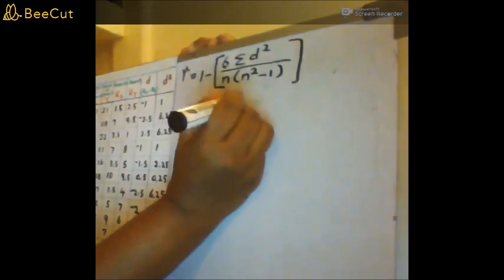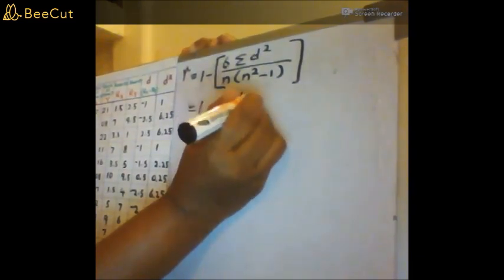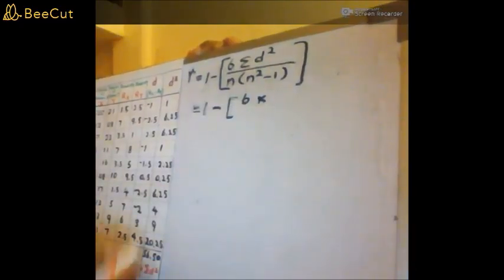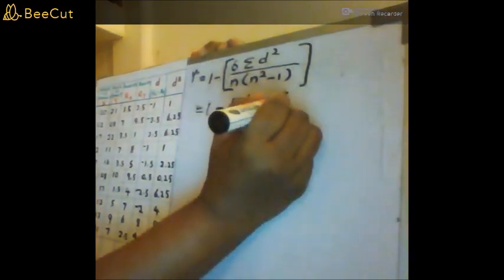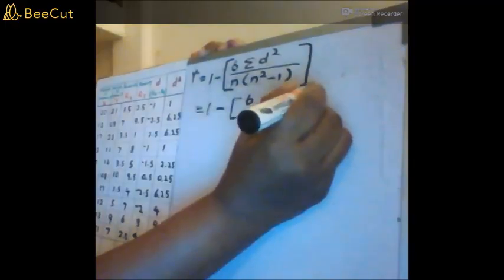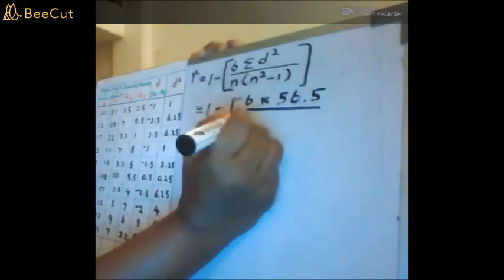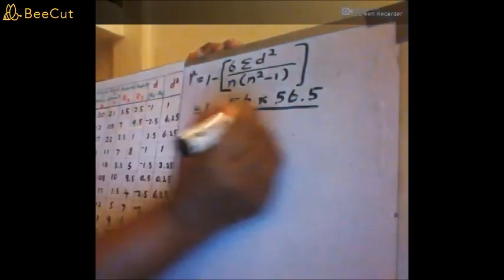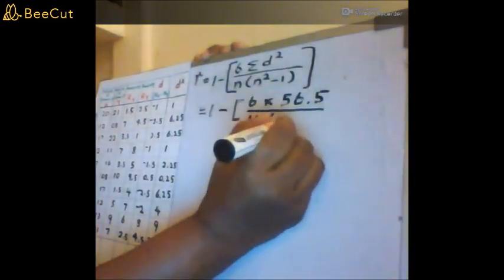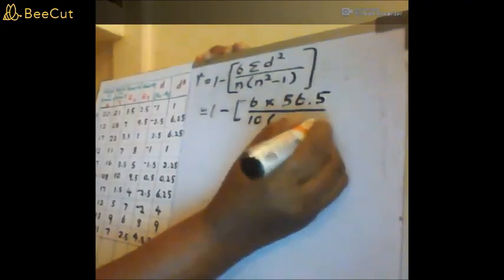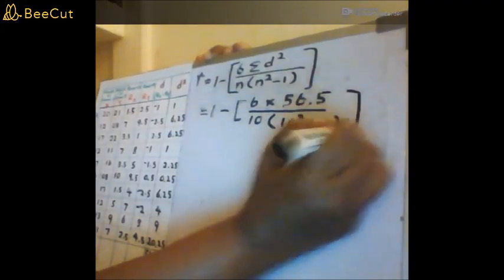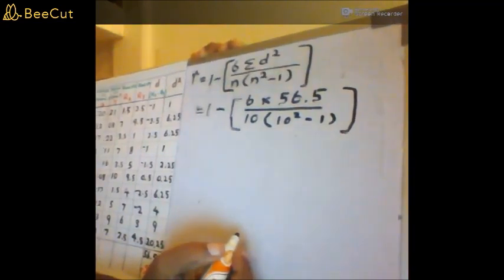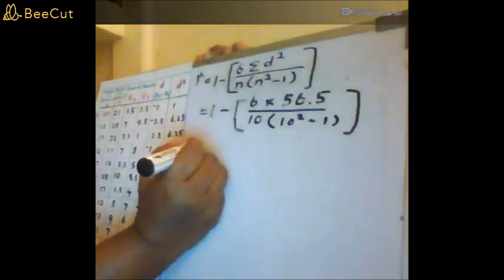Open brackets, 6 into summation d squared is 56.5, divided by n is 10. 10 students are there. 10 into 10 squared minus 1. That's the application, right?